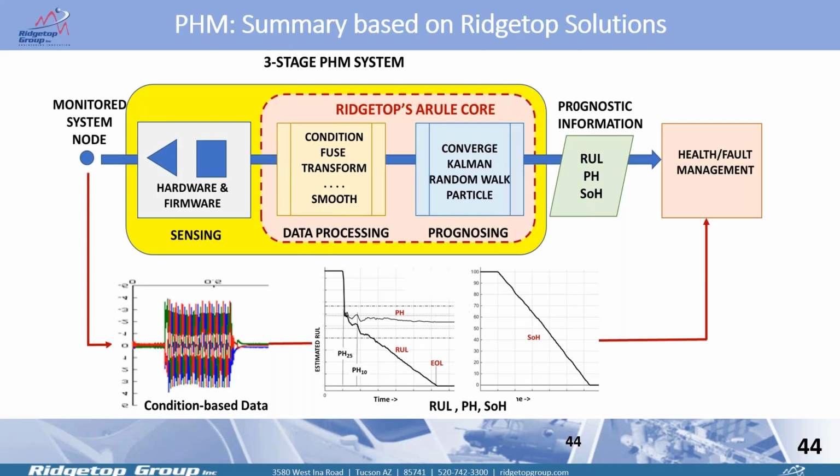You can see that your condition-based data is very, very noisy. What you are looking at here are the phase currents from an electromechanical actuator, 3 separate phase currents. We were able to look at that condition data, pick out a feature, process that feature, and produce what you see in the next 2 plots, which are remaining useful life, prognostic horizon, and state of health.